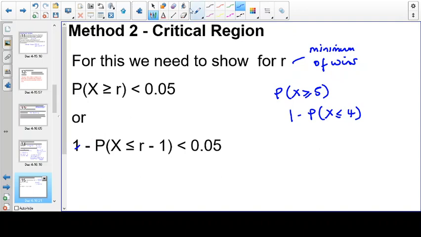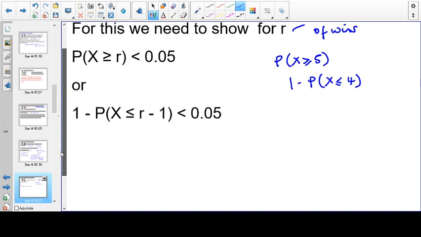So we're looking for a number that's going to go in here that's going to put this probability below 5%. Well, now we know this wasn't 5 and this wasn't 4. So let's say I decide to make R equal to 6. Then I'm going to do 1 minus the probability that X is less than or equal to 5.